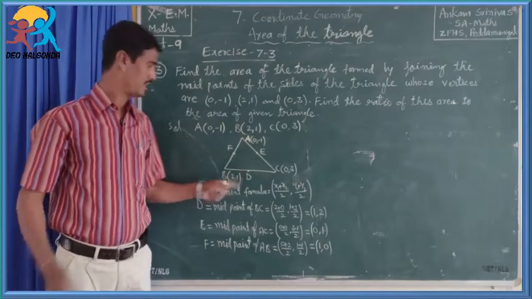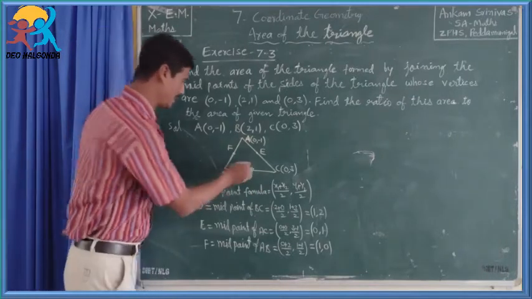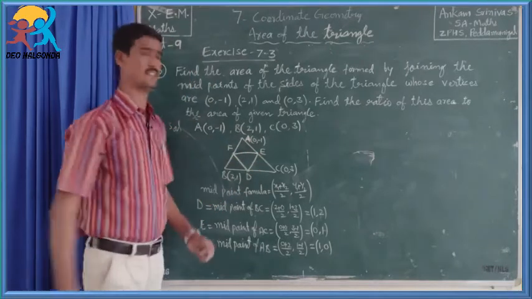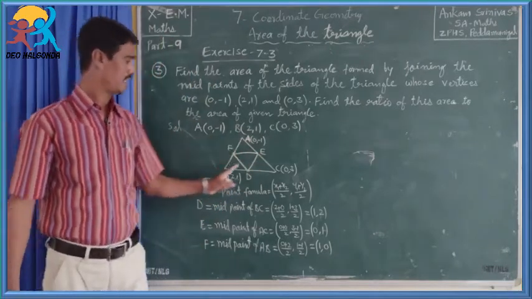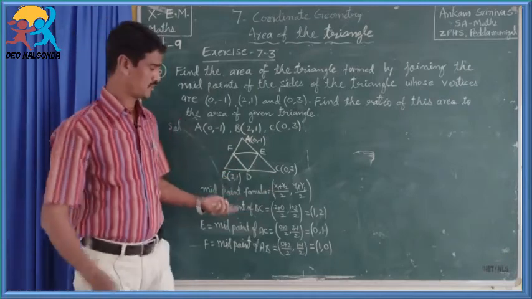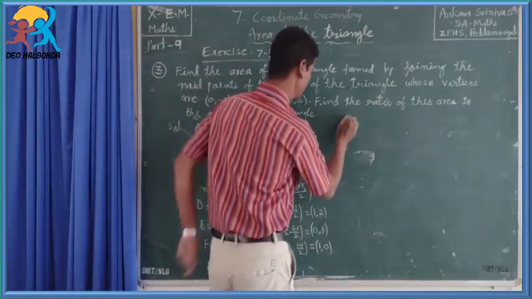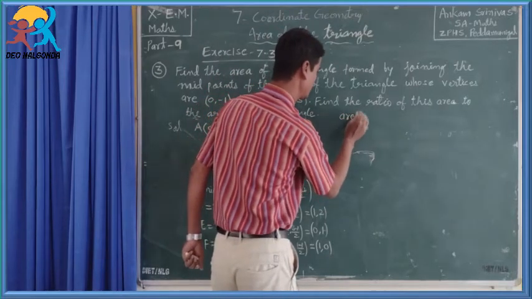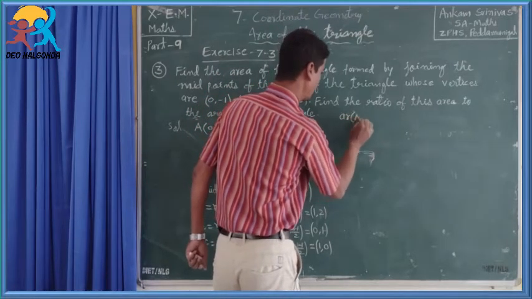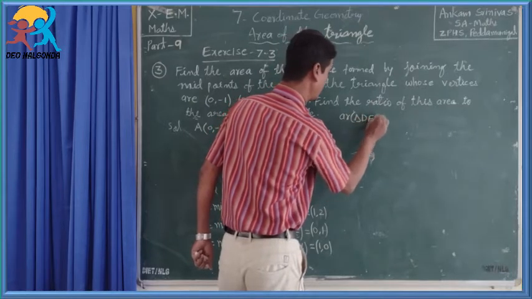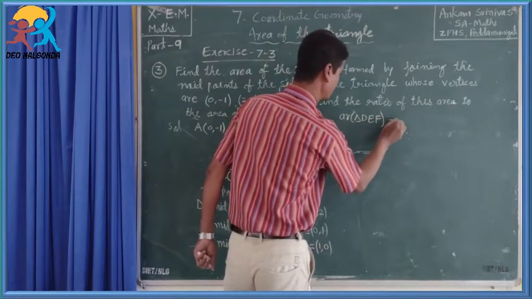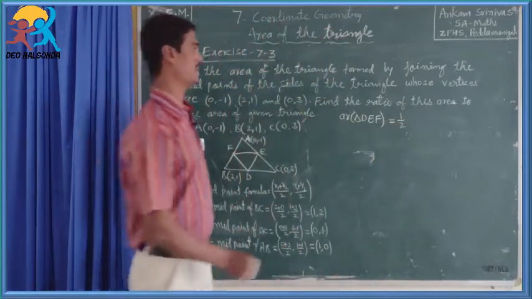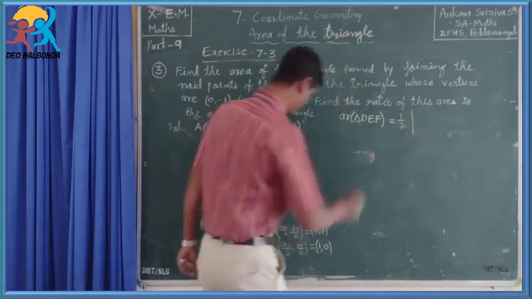Now we have to find the area of triangle DEF, then the area of triangle ABC. So I am going to find the area of triangle DEF first. Using the shortcut method I explained previously, take the 3 vertices vertically.